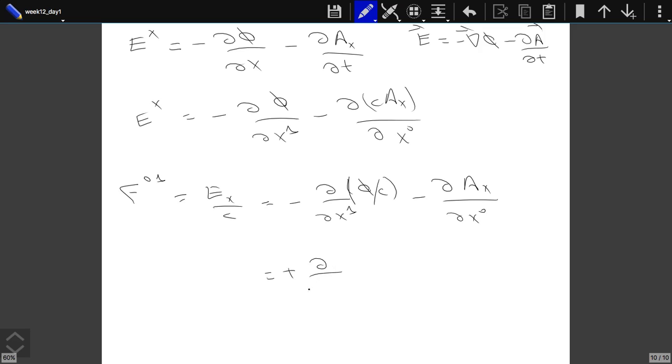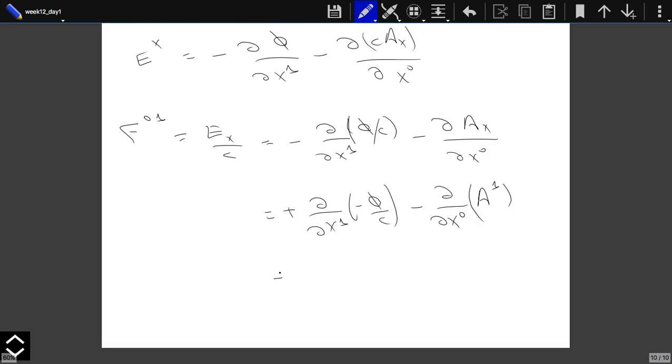Minus or plus ∂/∂x^1 of φ over c, minus ∂/∂x^0 of A^1, which is equal to ∂/∂x_1 of φ over c plus ∂/∂x_0 of A_1.